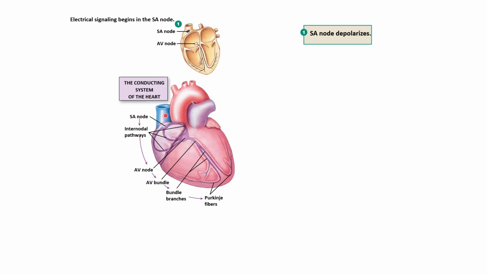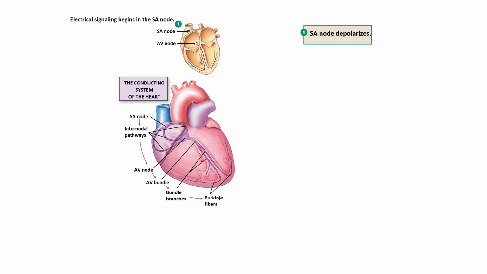So the depolarizations that occur in these pacemaker cells are going to flow along these pathways, and once they move down, they're also going to spread to the myocardial muscle that is found in the atrium and the ventricles.